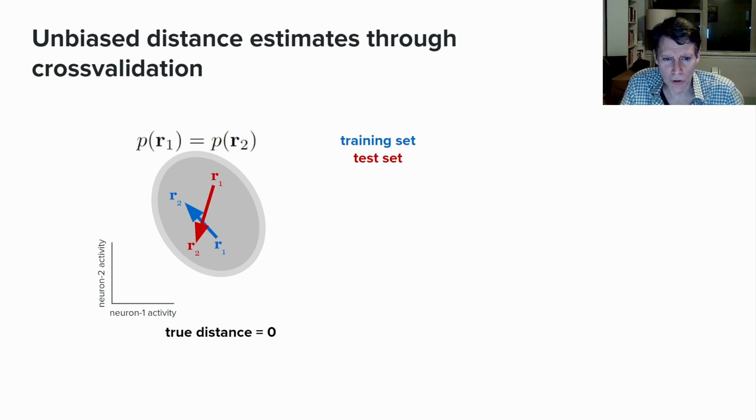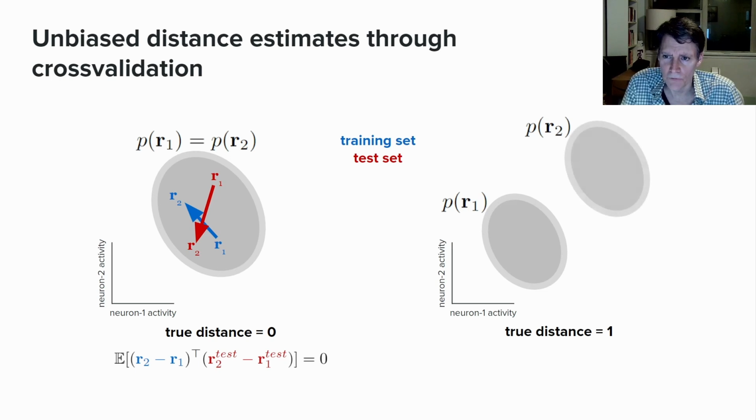So for any possible red arrow here, which is a pattern difference in the test set, the opposite arrow is equally likely. So all these pairs cancel out and we get an expectation of 0. If the true distance is positive, however, we have two different distributions here, and will therefore tend to get an inner product that's positive.